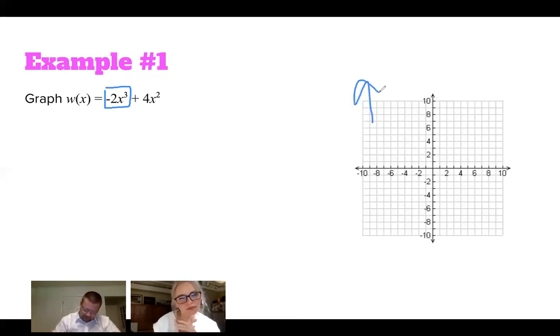So I expect it to go up that way, and that's not really part of the graph, but I know that the ends have got to be going in those two directions. Because it's negative, I expect the left side to go up and the right side to go down. Well, it's potentially part of the graph if that's where it ended up.